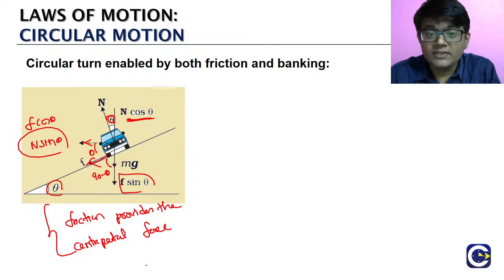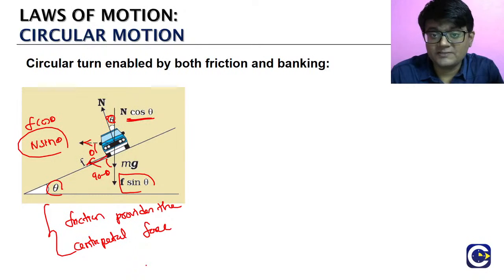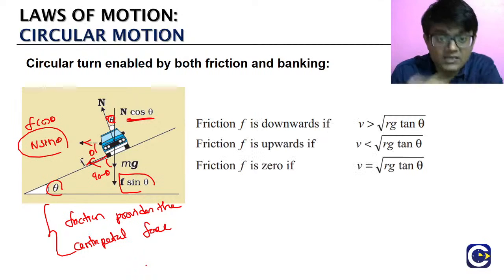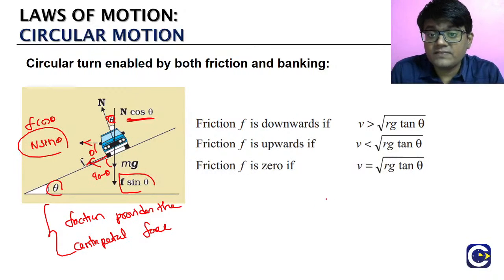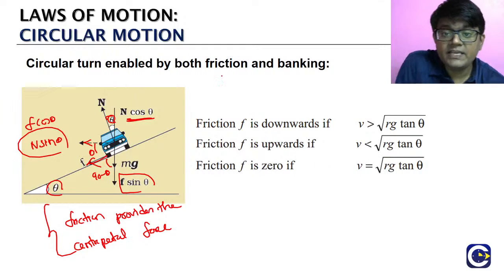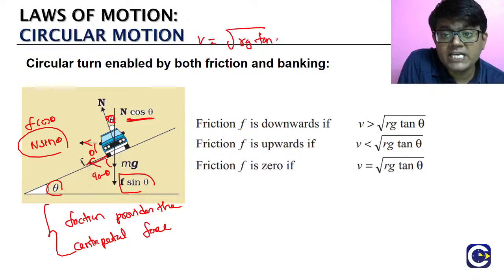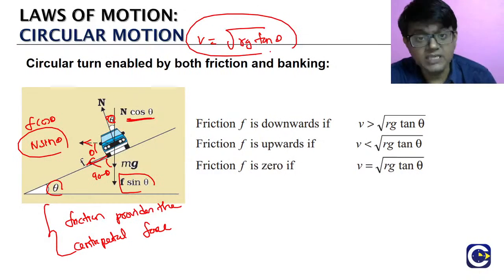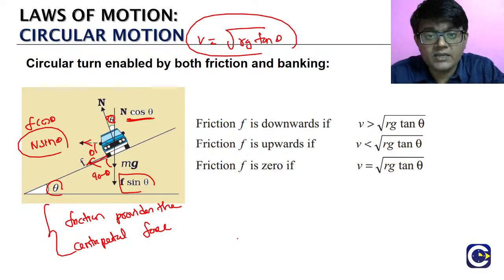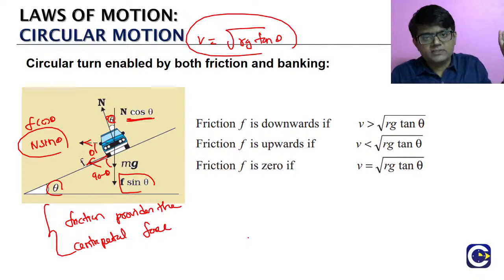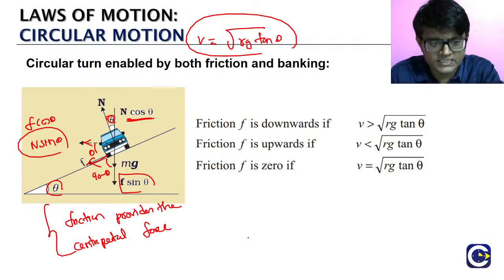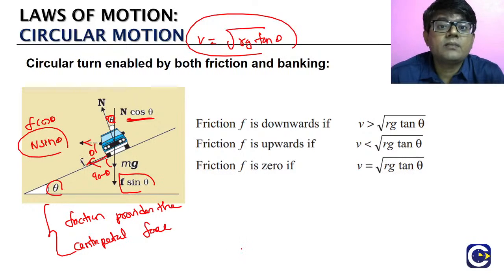But it is not going to always happen like this. Friction will not always act down the inclined plane. We have some conditions, like the way we have seen in the previous situation. If the velocity with which you are taking the turn is exactly equal to root rg tan theta, then the component of the normal reaction, N sin theta, itself will be able to provide the centripetal acceleration.